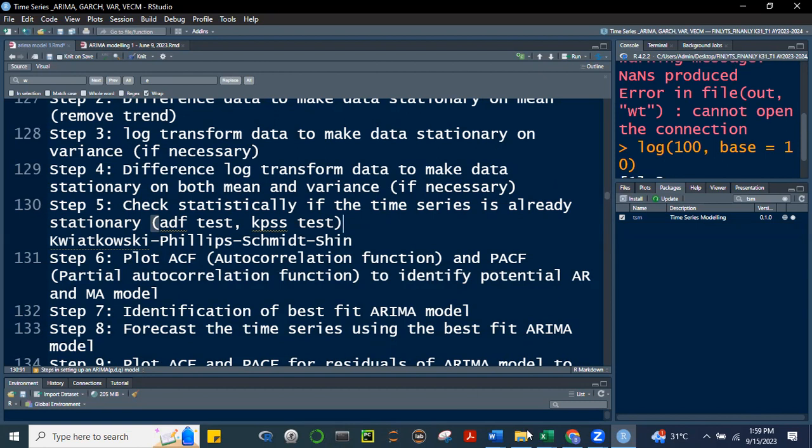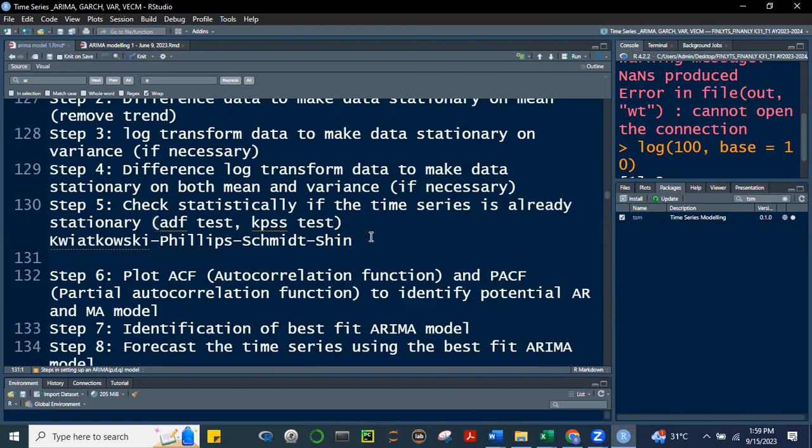Okay, anyway, so we reached this far. We will have to understand what the autocorrelation function and the partial autocorrelation function are. This is very important to determine, where are we now in our steps?